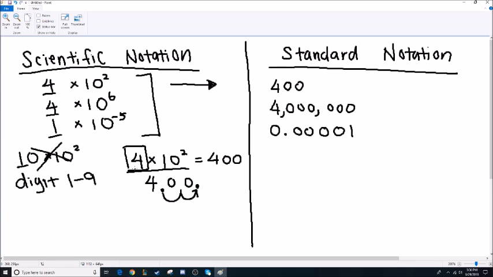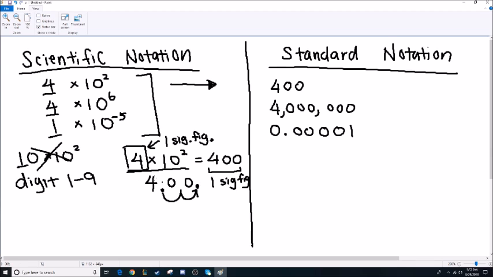The way we count significant figures in scientific notation is we count how many significant figures it has before this multiplication sign. Since this one has 1 sig fig, my answer must also have 1 sig fig. Okay, so I hope that makes sense.